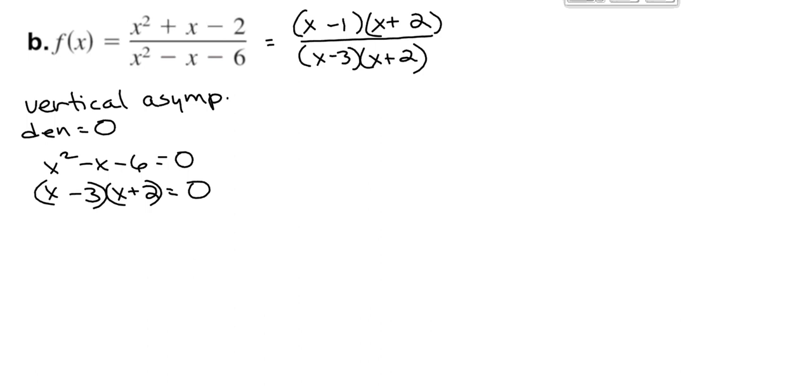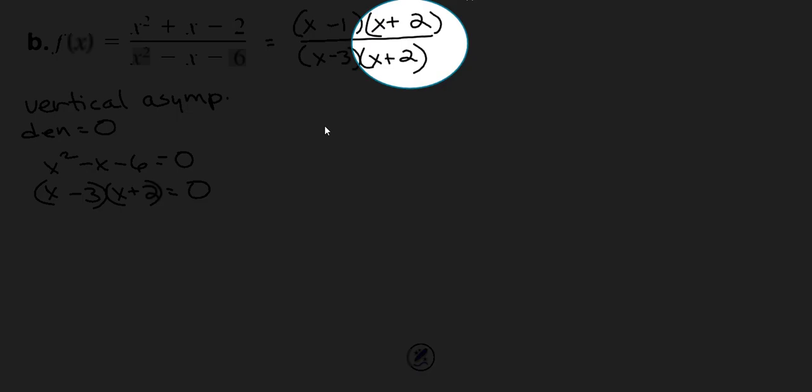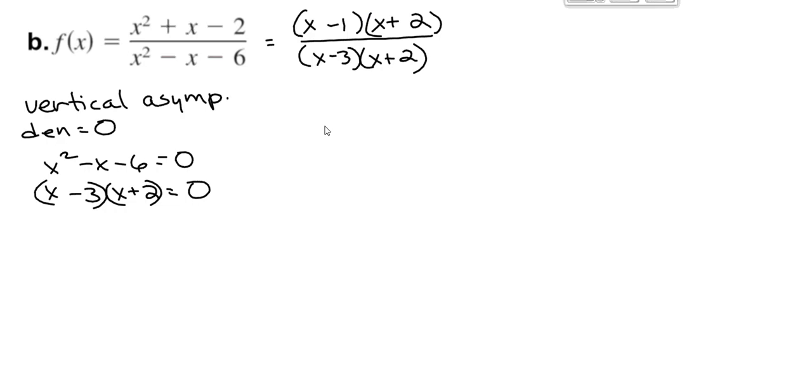Do you notice that these two are common factors? I'll use that magic pen, and I am going to circle it. These two are the common factors, and as we read through things, we have to have things that are not common factors, and so that means there won't be an asymptote at x equals -2.